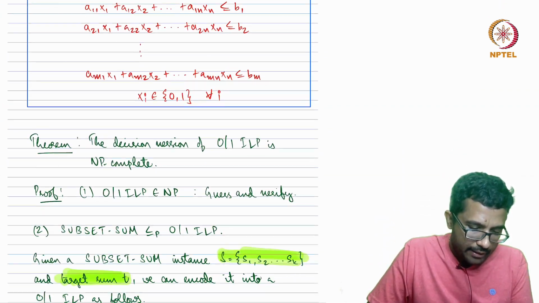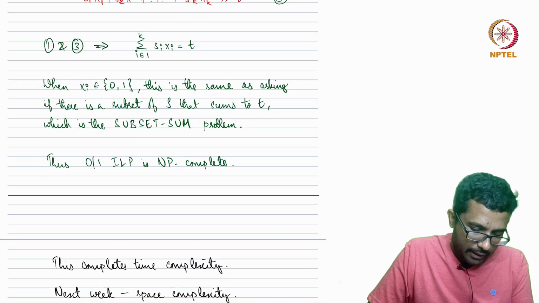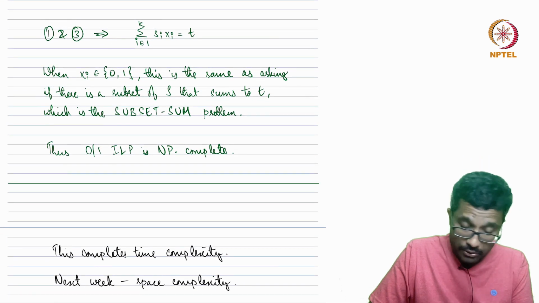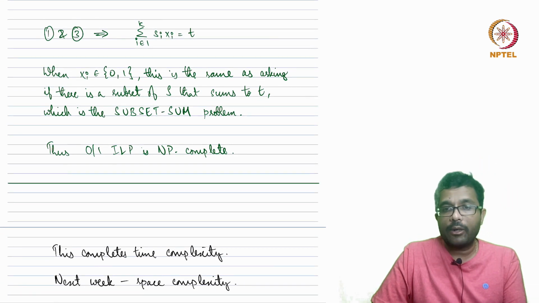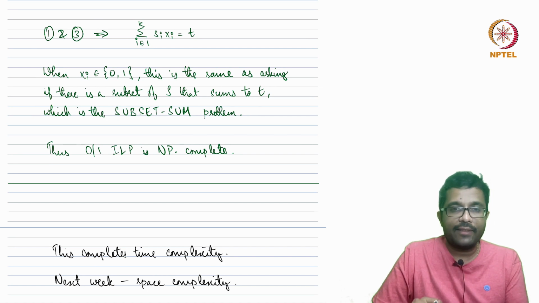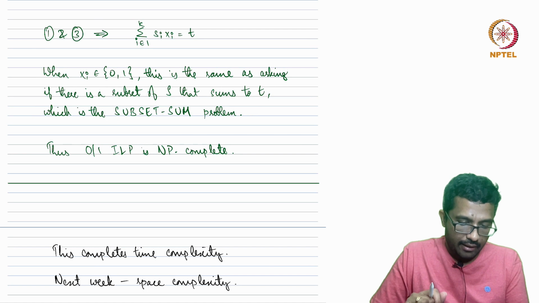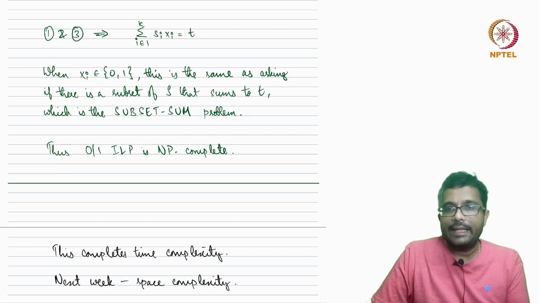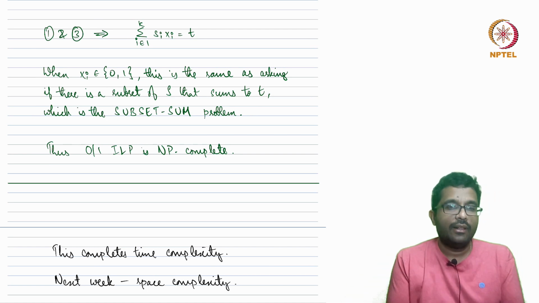That completes the proof that 0, 1 integer linear program is NP complete, and this also completes the time complexity part of the course, which is chapter 7 in the textbook, I think. This also completes week 11 of our course.